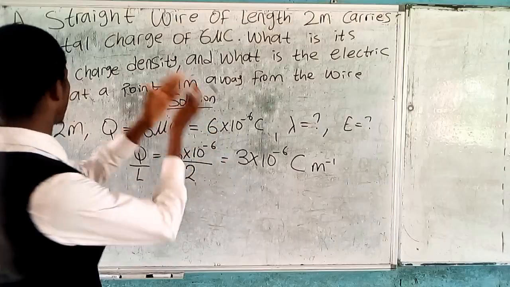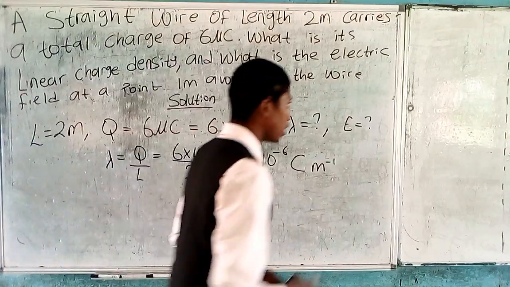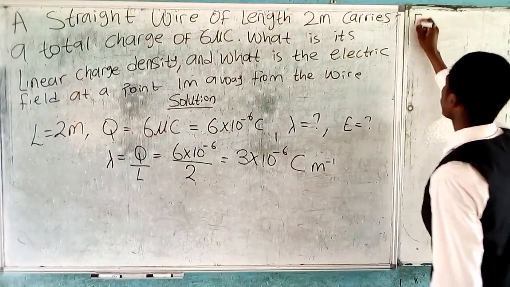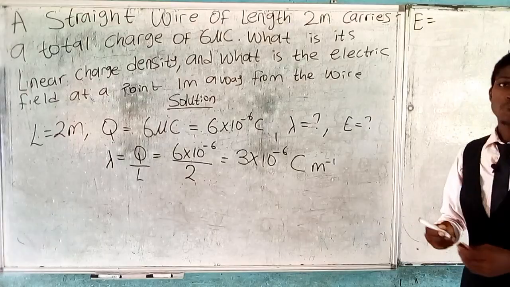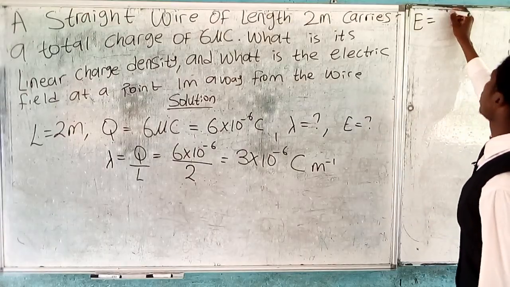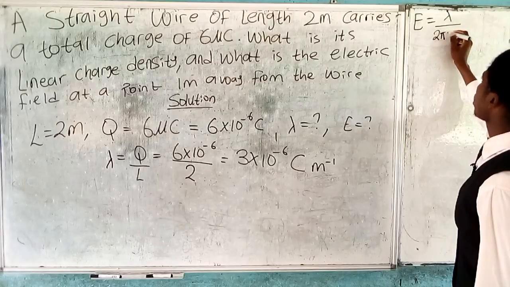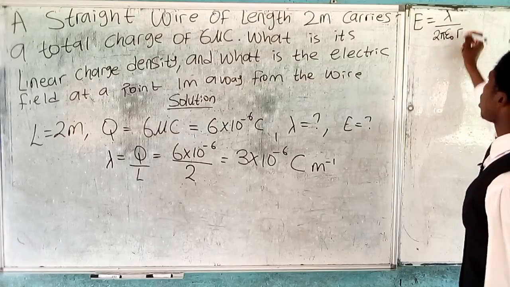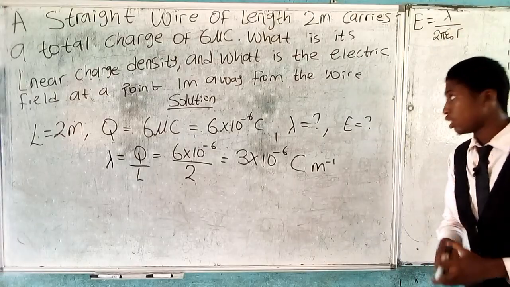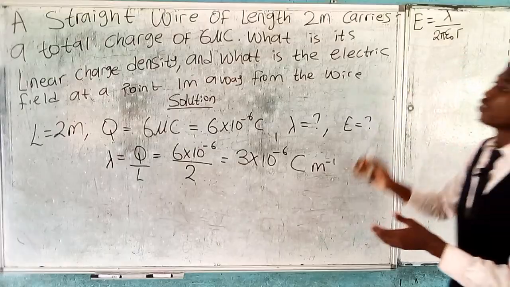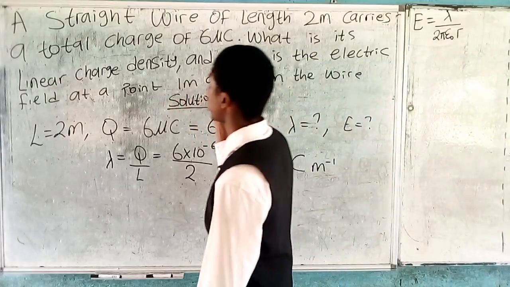Now moving on to the electric field. Now remember, the electric field for a straight wire is written as the linear charge density, all divided by what? 2 pi epsilon naught r. Am I correct? Now what's this r now? This r is the point 1 meter away.